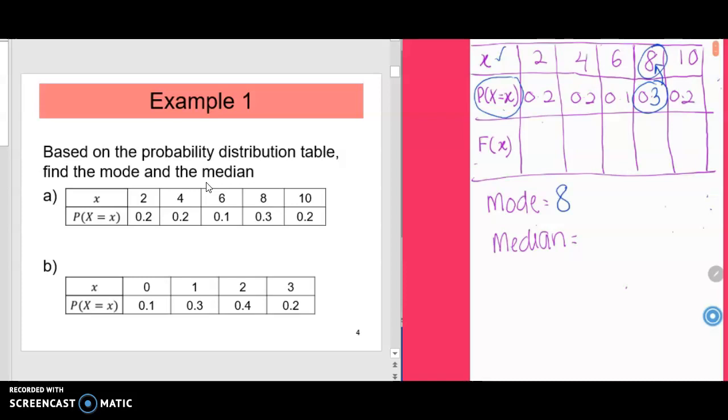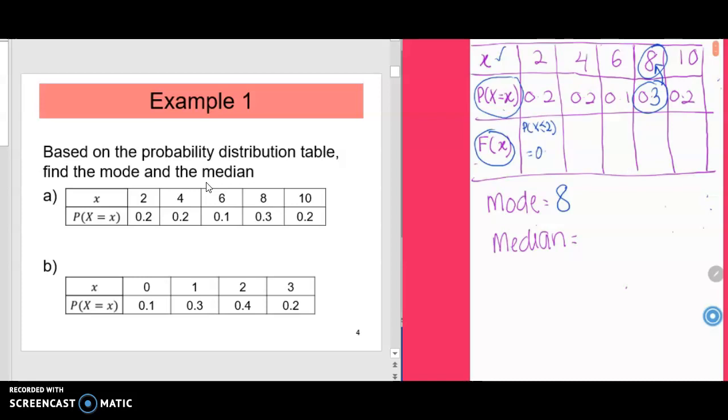And then second, how to determine the median? To determine the value of median, first we need to identify the location. We refer to the cumulative distribution. So here is P, x less than or equal to 2.